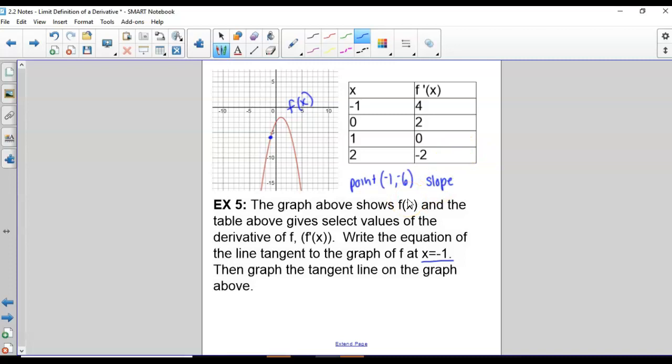And so that gives me the point that I need. For the slope, I'm going to look at the derivative. What's the slope that I'm going to use? So for this, I'll be finding f prime of -1.